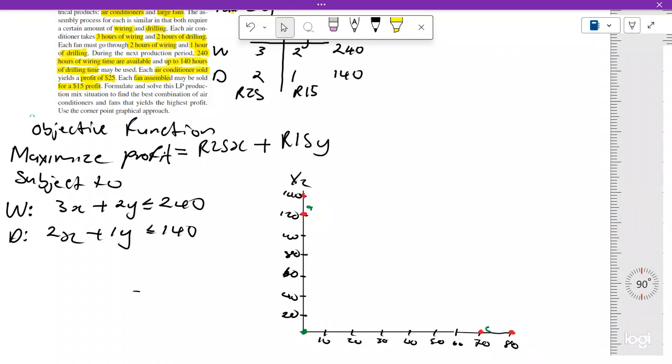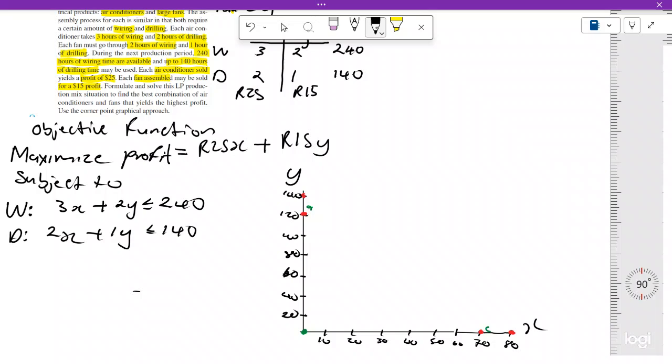You start with that by finding the points that intersect your y and your x. This is going to be part of your feasible region.